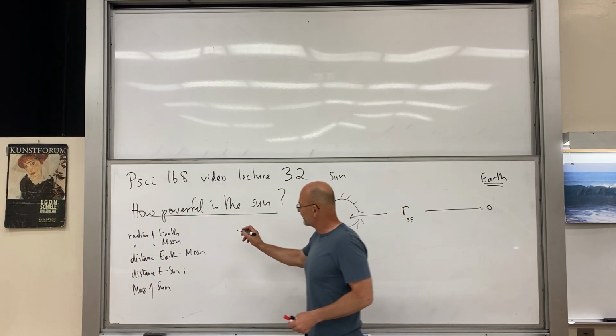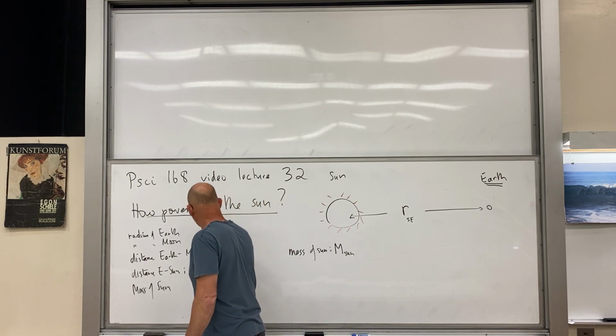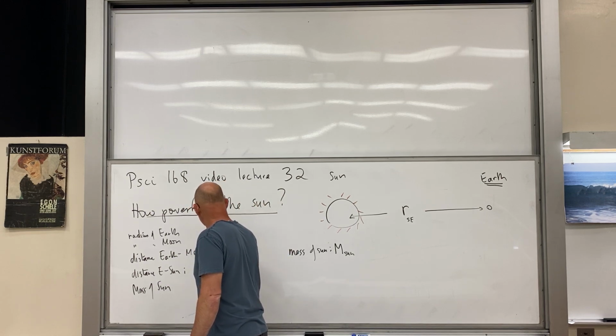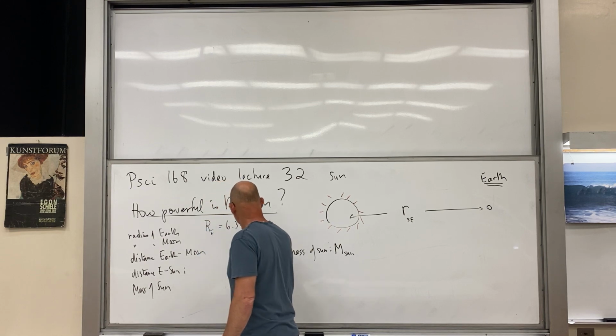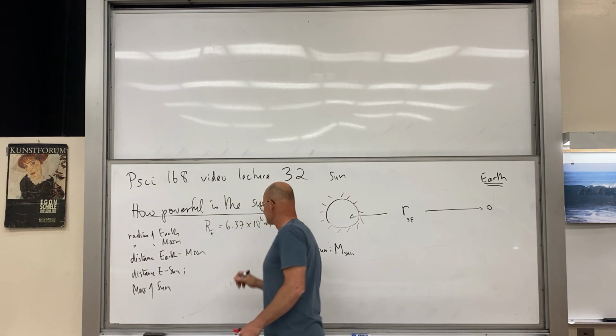So I'll just remind us, the radius of the Earth was R sub E, 6.37 times 10 to the 6 meters.